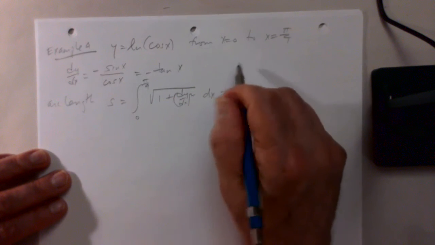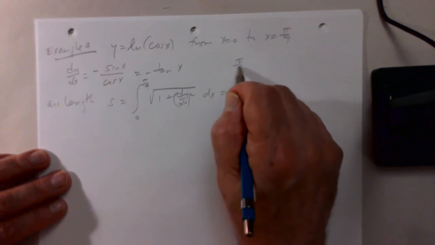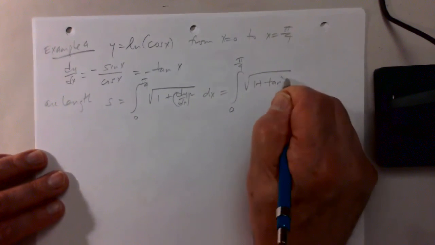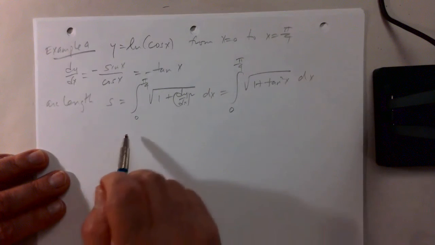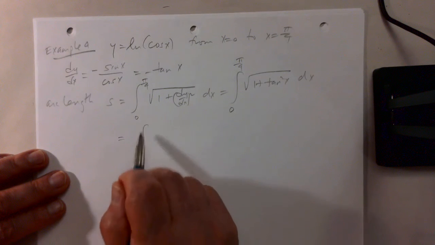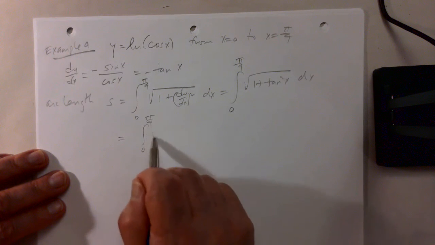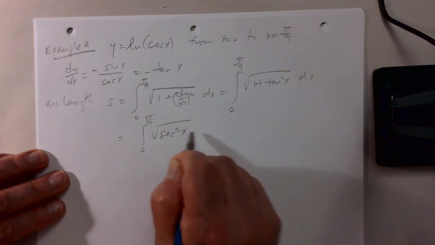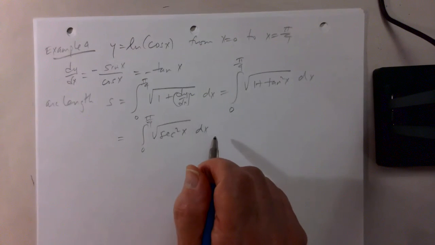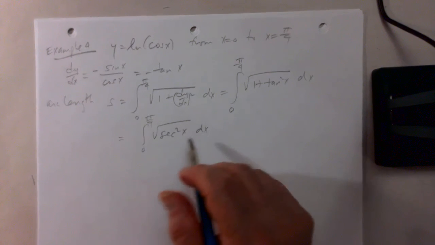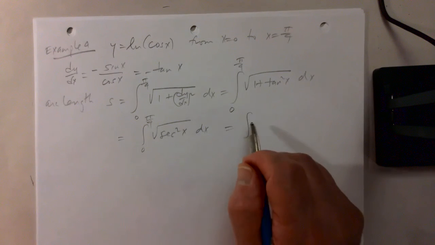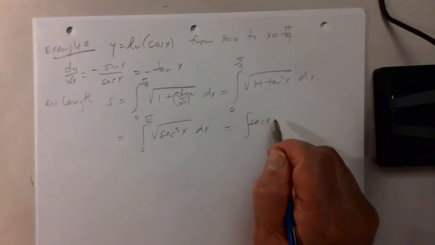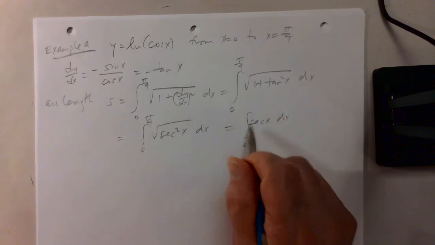That's the integral from 0 to pi over 4 square root of 1 plus tangent squared x dx. 1 plus tangent squared is the secant squared. So the square root of the secant squared is just the integral of secant of x dx.